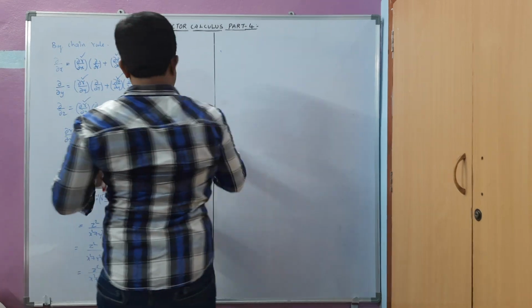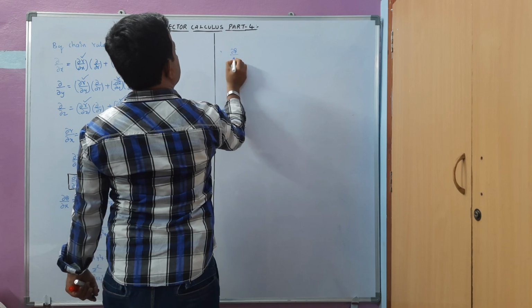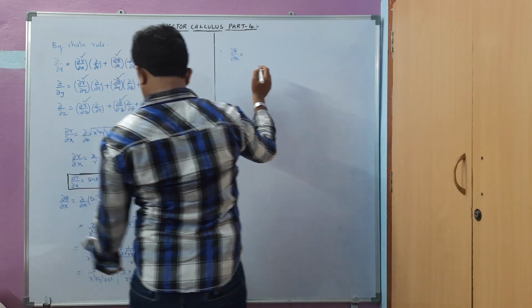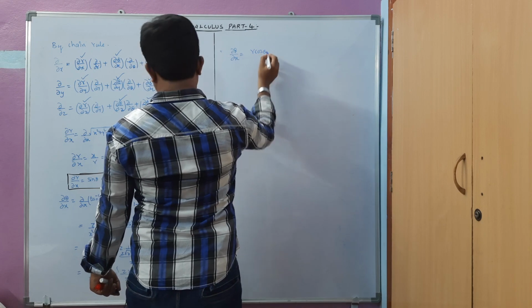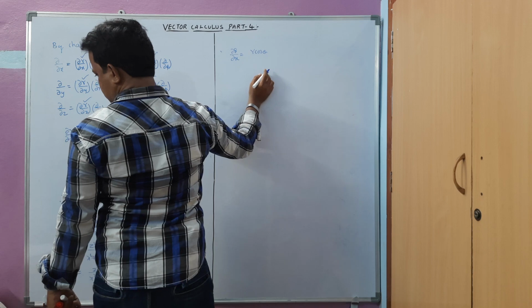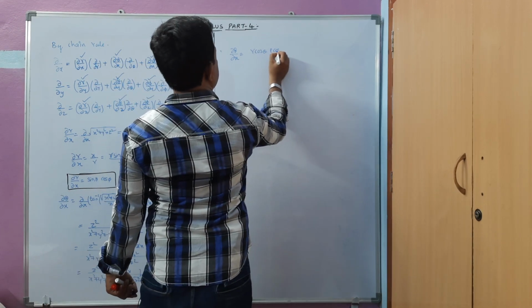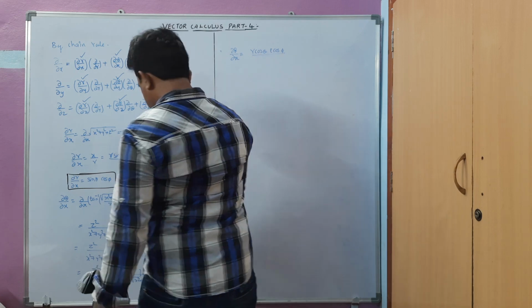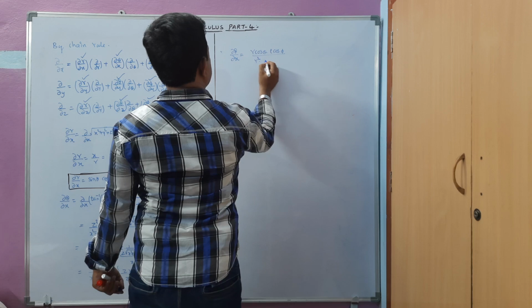So z is equal to r cos theta, and x is equal to rho cos phi. So ∂θ/∂x will be r cos theta into rho cos phi by r square into rho.